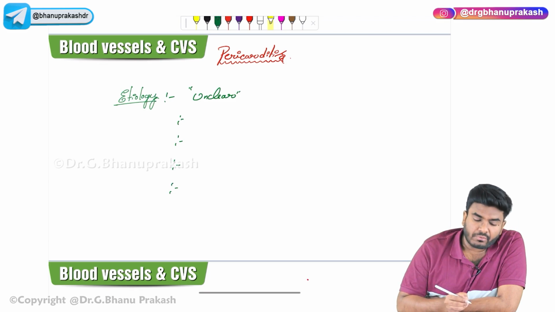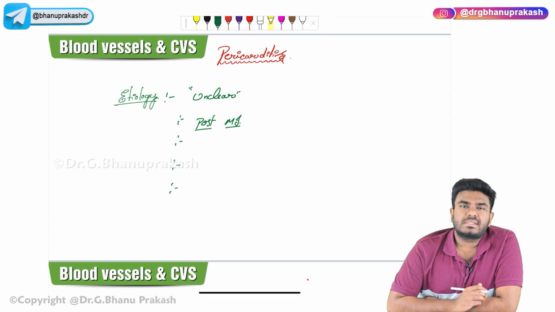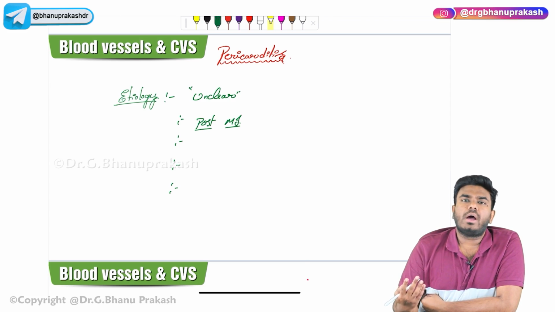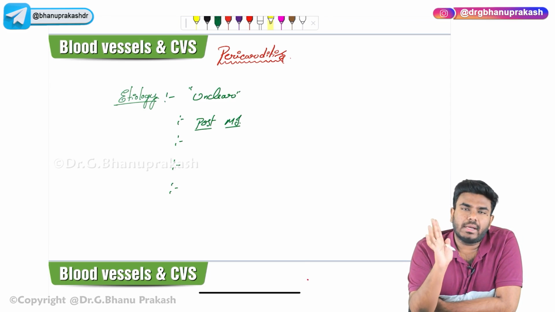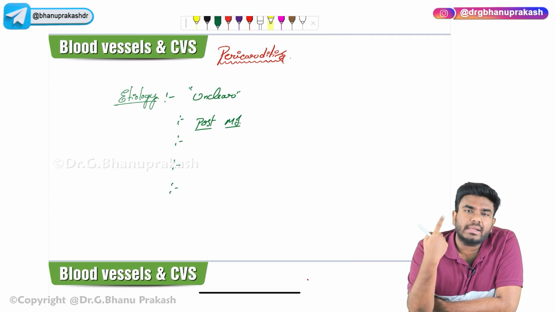The one important point which I want you to know is post-MI pericarditis. Post-MI means after myocardial infarction, certain cardiac antigens or pericardial antigens will be exposed to the immune system for the first time. So autoantibodies are produced against the pericardium. Simple. After MI, some individuals will develop pericarditis.